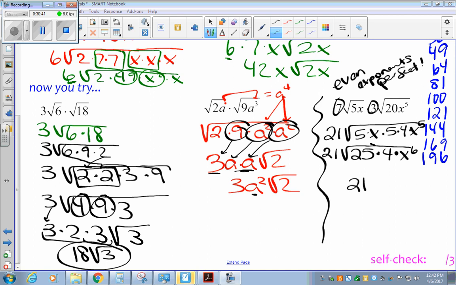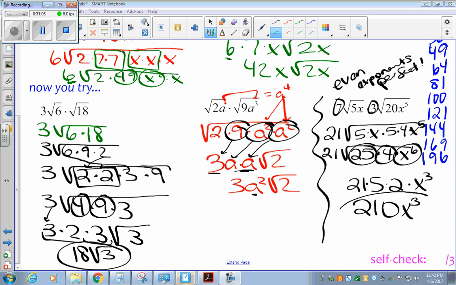So what's the square root of 25? 5. Square root of 4, 2, and square root of x to the 6th. Cut the exponent in half. 5 times 2 is 10. 10 times 21 is 210. Woo!